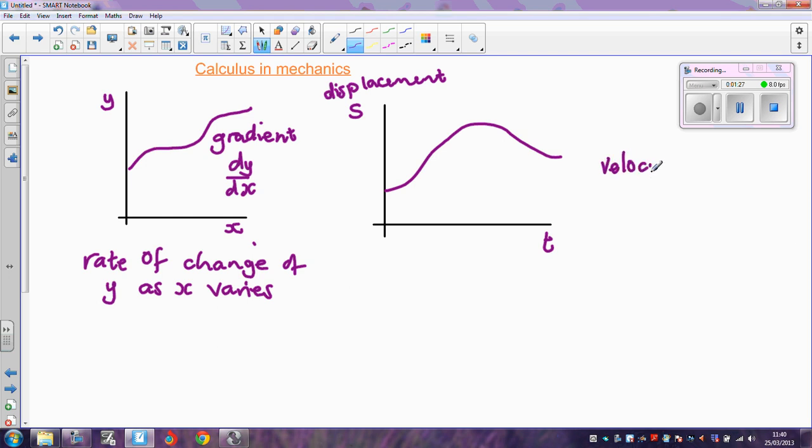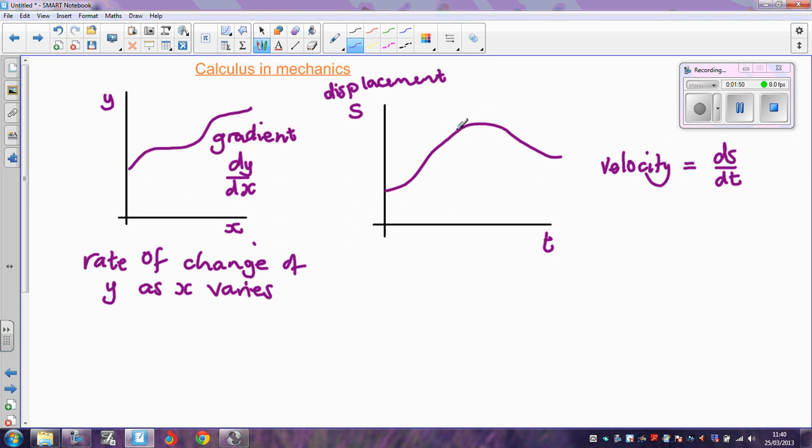So the velocity is the gradient of the graph, and the gradient is going to be ds by dt. What that's saying is that if you've got an expression for displacement and you want an expression for velocity, all you need to do is differentiate that expression with respect to t.